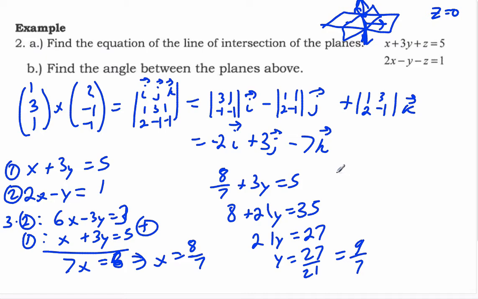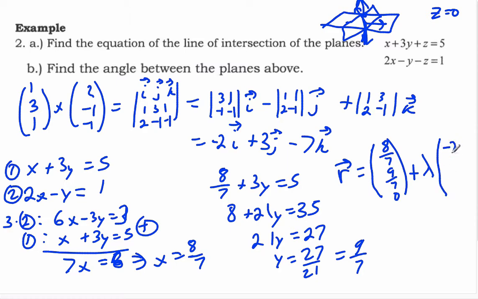So we can write our answer for part A as the point 8/7, 9/7, 0 plus lambda times the direction vector here. Okay, now find the angle between the two planes.